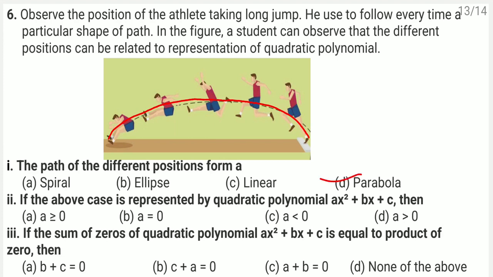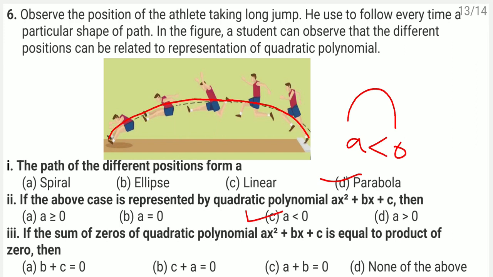If the above case is represented by a quadratic polynomial ax square plus bx plus c, then this parabola is opening downward. That means our value of a is negative. So it means that a is less than 0. So which option is supposed to be the correct one? Option C is supposed to be the correct one.